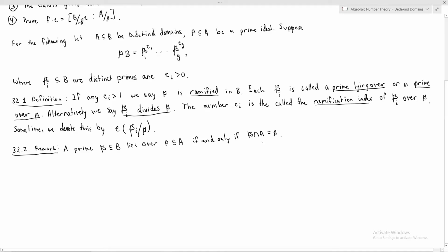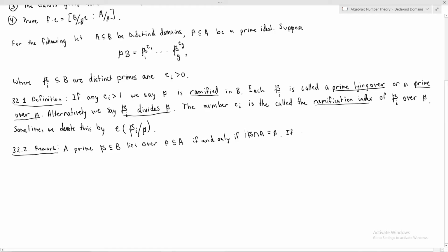The way you check this is, one direction is, let's say P lies over little p. Well, then big P certainly contains little p in that case, and big P intersect A is also a subset of A. So this thing contains little p, so maybe I should just write this down.